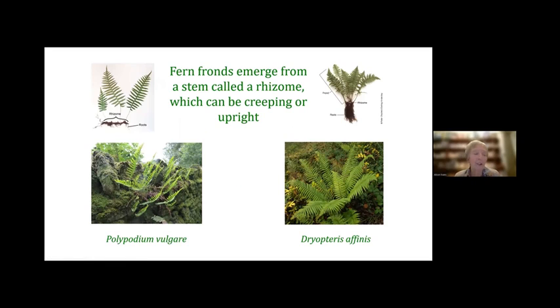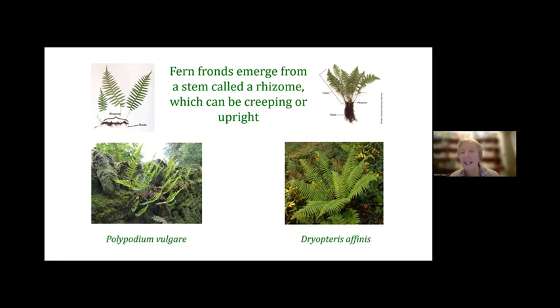The other thing when you're looking at a fern is to decide what sort of growth form it has. Now, I expect a lot of you will recognise our common polypody growing over a wall here. Now, this has a creeping rhizome. So the roots come out of that rhizome, but the fronds arise individually from it, as opposed to upright rhizomes.